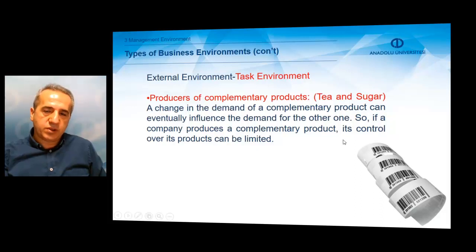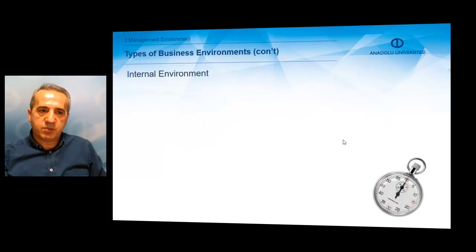For example, if you consume tea, most people add some sugar into it, right? So if the demand for tea increases, demand for sugar should also increase, right? Since they are complementary, they complement each other. If a company produces a complementary product, its control over products can be limited.